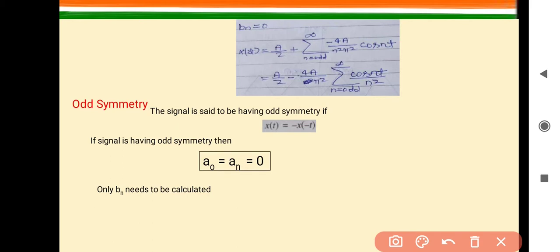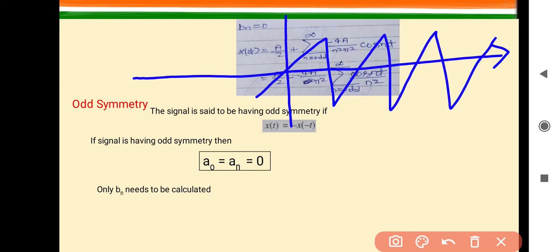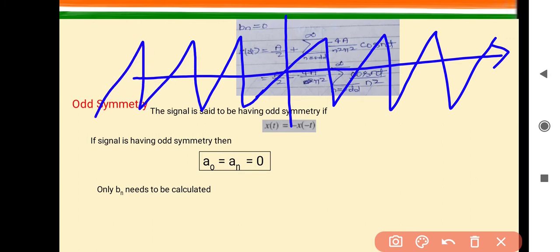Some more examples: if a signal looks like this, the signal also has odd symmetry because there is a symmetry about the origin.